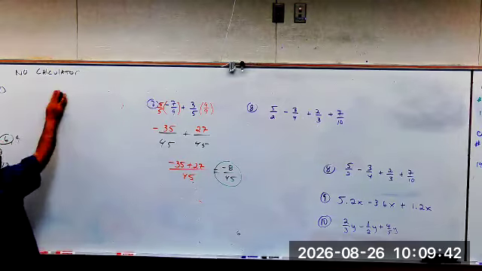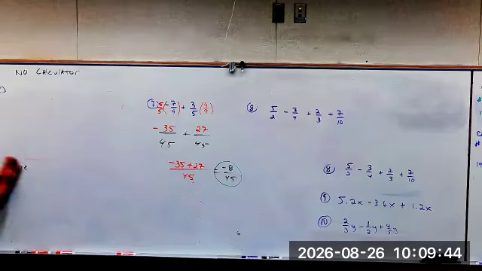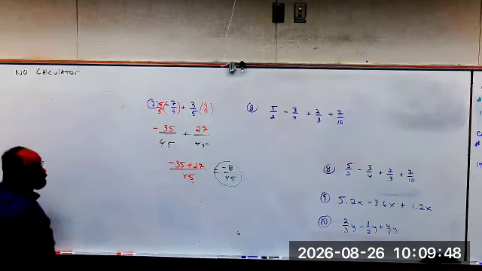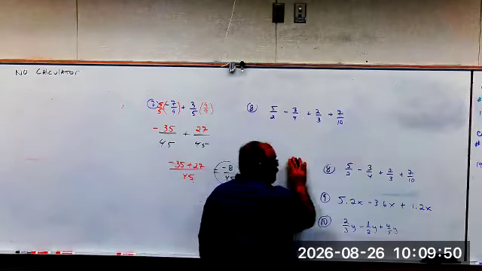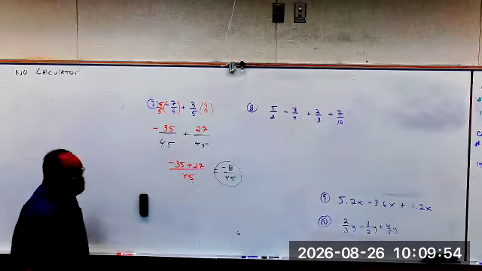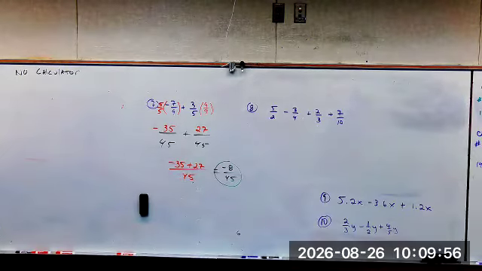Now we've got 4 fractions. So we need a common denominator. It doesn't matter how many fractions we have, we just need a common denominator. So what you do is you take 2 of the denominators, you find that common denominator, then you take the third one, and then you find that common denominator, and then you take the fourth one. You find 2 at a time.